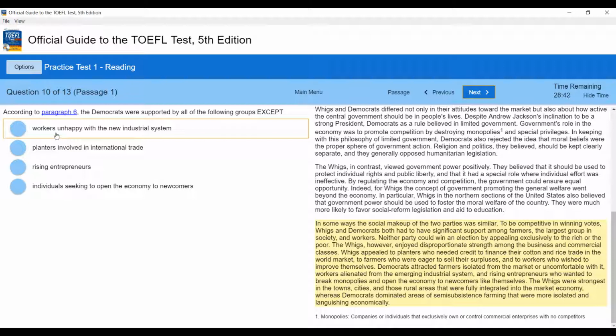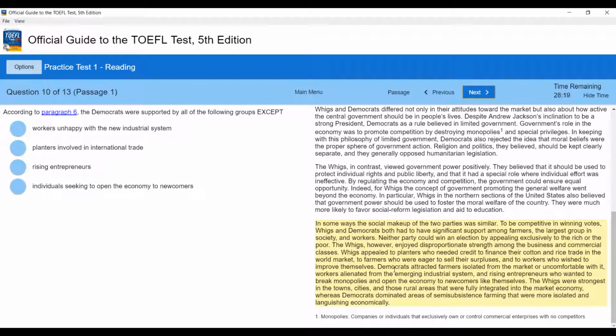So I'm going to hold on to this one, but okay. Democrats were supported. Also, yeah, in this case, number A, it's talking about the Whigs. So, okay. So perhaps the A is that one.